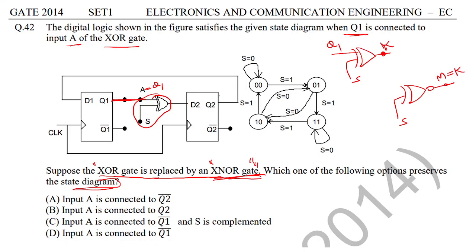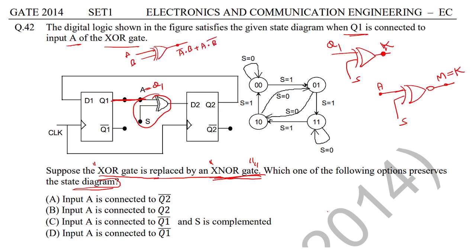So, where should this A be connected? Now, you know the XNOR and XOR gate, right? For example, I have an XOR gate with inputs A and B. What is this value? A complement B plus A B complement, right?